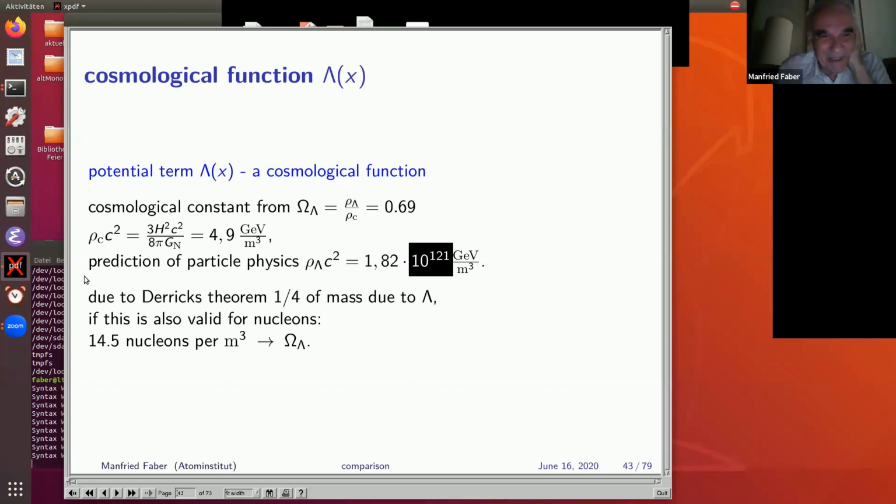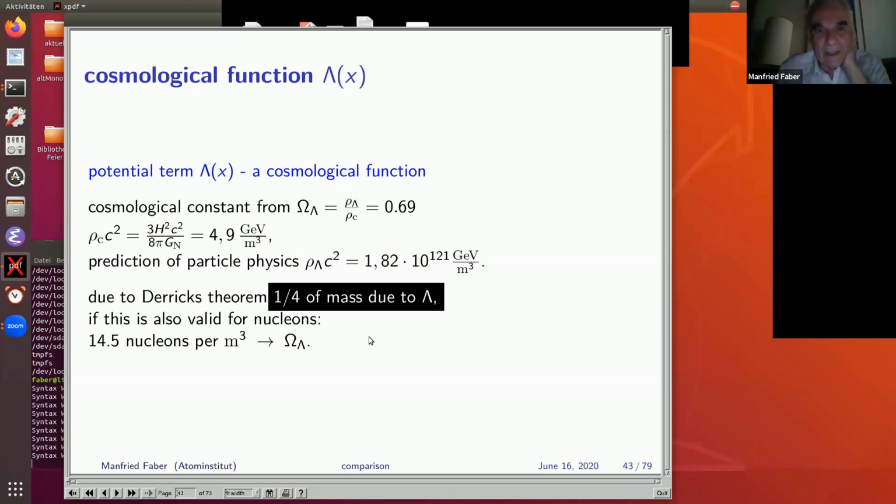In my model, due to Derrick's theorem, you get for this cosmological function that 1/4 of the mass of particles goes to lambda. I didn't speak about Derrick's theorem. You see there that we have a contribution to curvature energy and a contribution to lambda, to the potential. And this is in the ratio of 3 to 1.